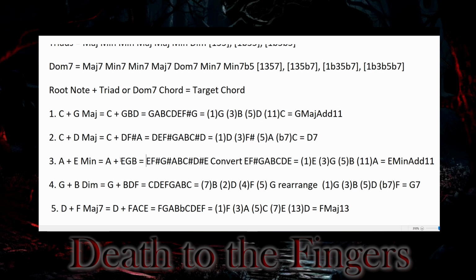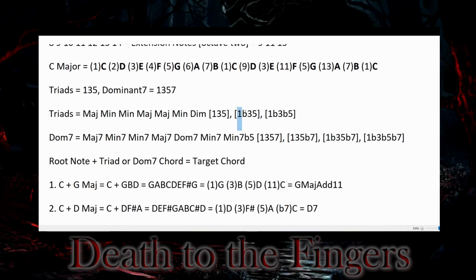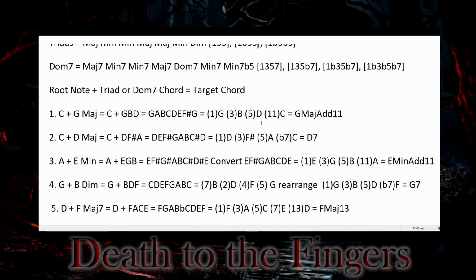Understand, to get E minor, I need E major first, and then I need to lower the 3rd. Okay, so if I took 1, G sharp, and B here, I lower G sharp down, I get E, G, B. Well, that's E minor from G major. Okay, so I know that might be a little weird, but love it.